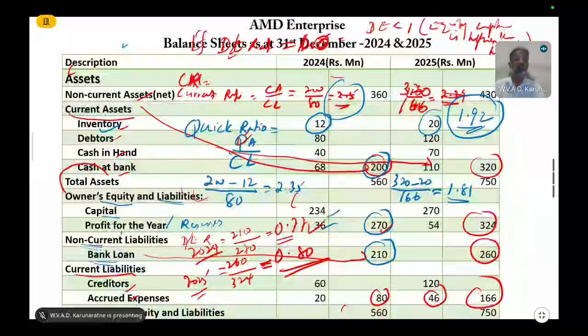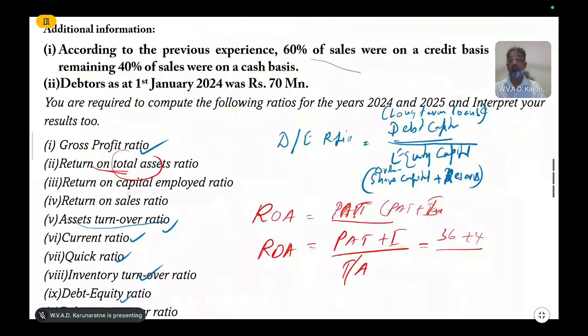Total asset is given, right? So you can obtain here total asset, in this case 560 into 100. Then you can obtain this 40 over 560 into 100. What is the answer? This is for year 2024.